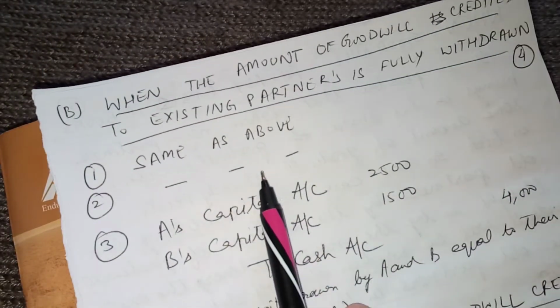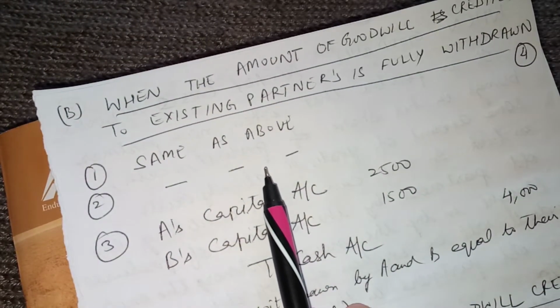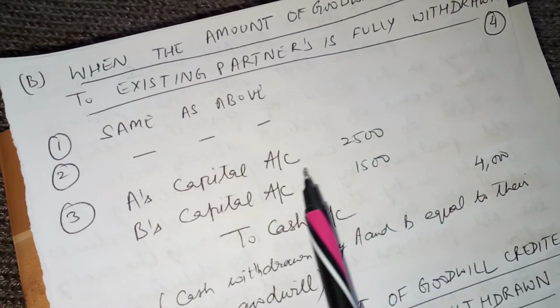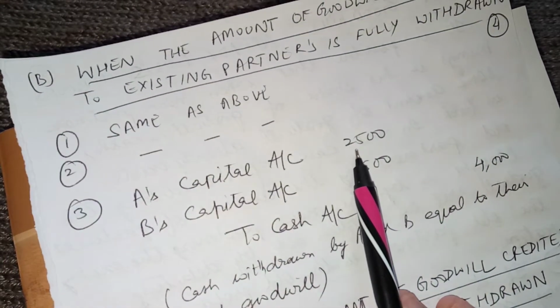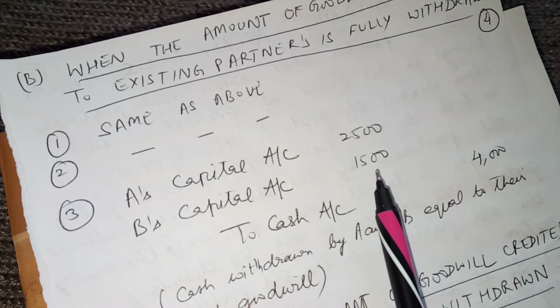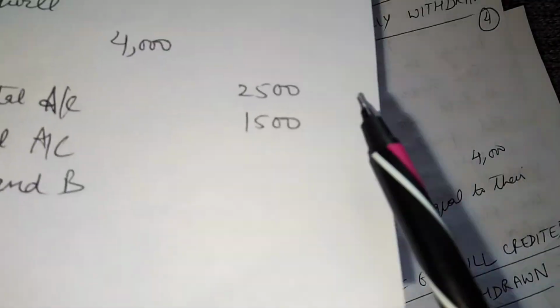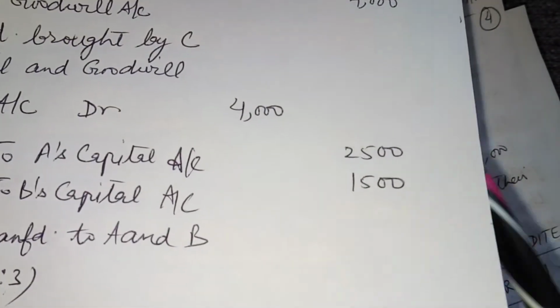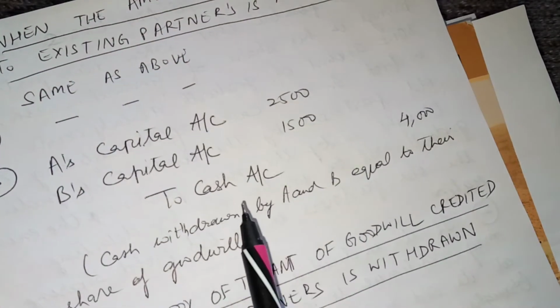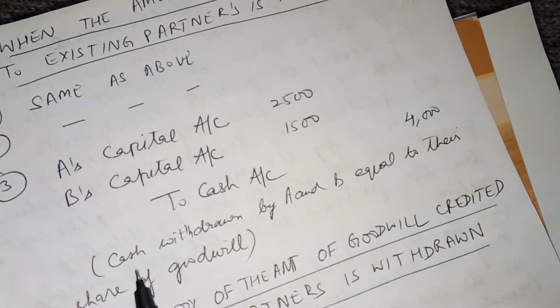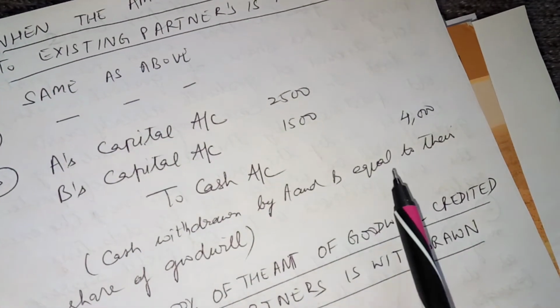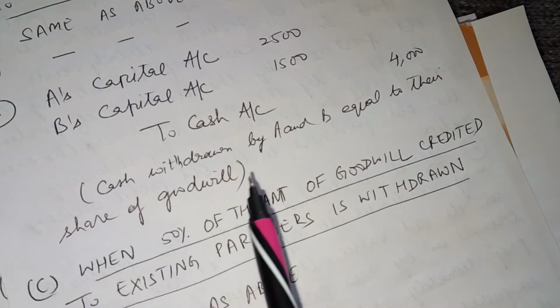And additional entry for the withdrawal of goodwill will be A's capital account debit with 2,500, B's capital account debit with 1,500. That means the total amount that was credited individually, they will withdraw it to cash. Narration will be cash withdrawn by A and B equal to their share of goodwill.